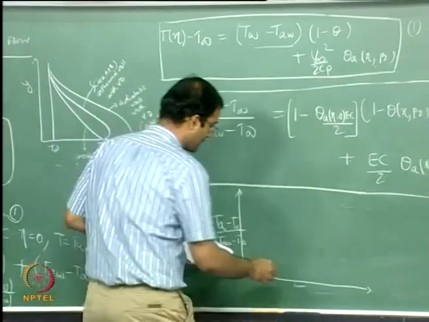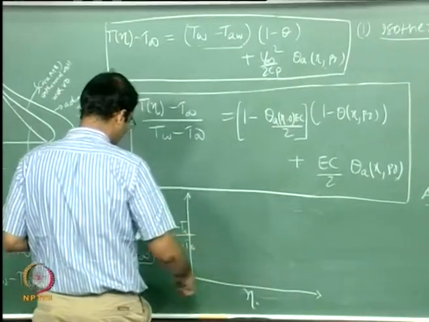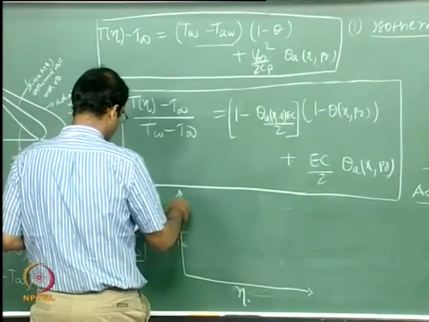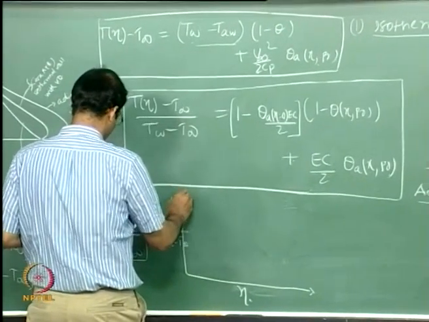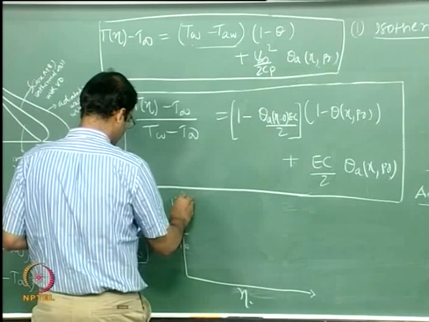So on the x axis you have eta. So for large values of eta, this becomes 0. Small values, at eta equal to 0 this becomes 1. It starts from 1 and you will see the solution.